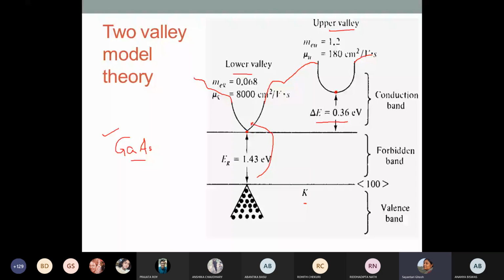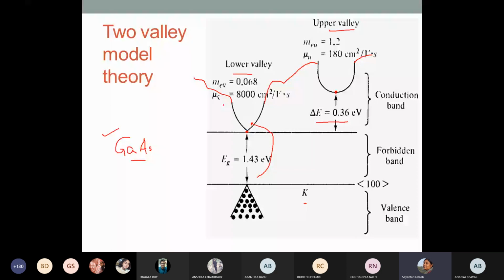As you go on increasing the energy, more electrons jump from here to there. At this valley, we have certain properties associated with the electrons, like effective mass and mobility. You have learned the definitions. I'm sure you know what mobility and effective mass mean, right? So let us have a look at the effective mass and mobility of electrons lying inside this lower valley.